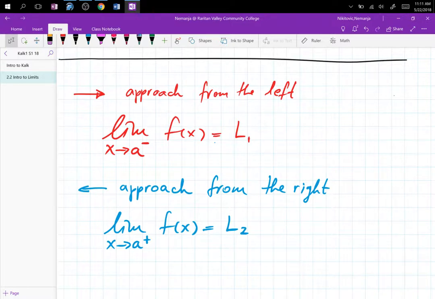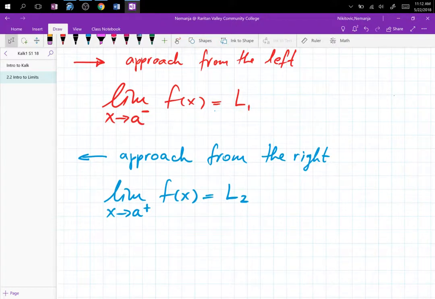These are important because not every function has an infinite domain. Think of a square root. It emerges at 0. So if you are calculating the limit at 0, can you approach it from the left? No, because there's nothing there. You can think of these approaches like walking on the line.